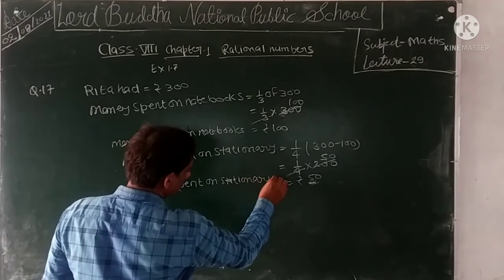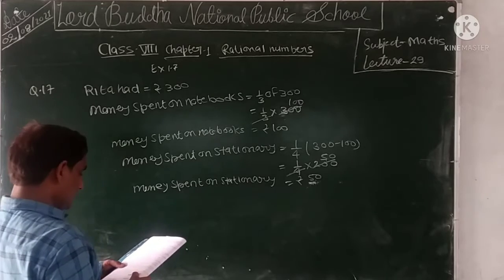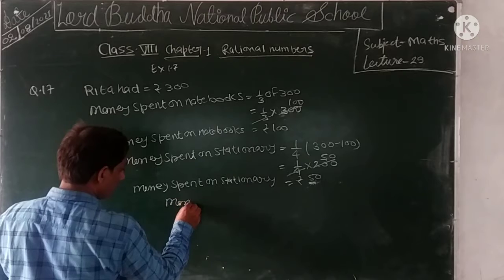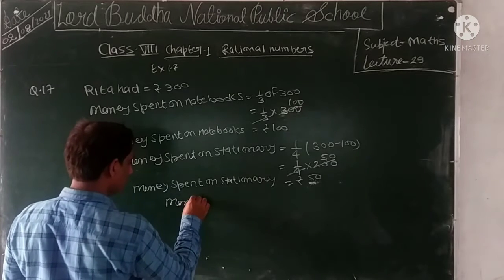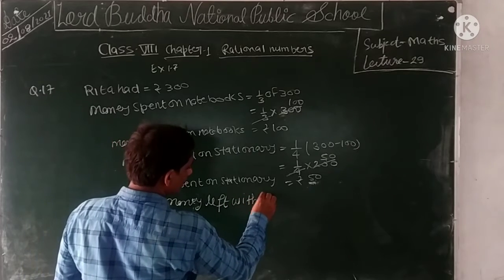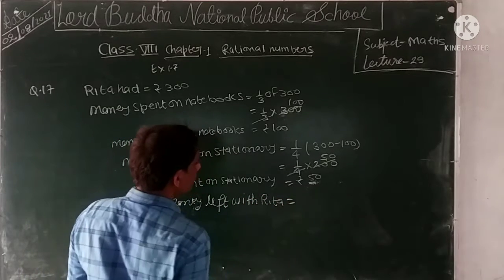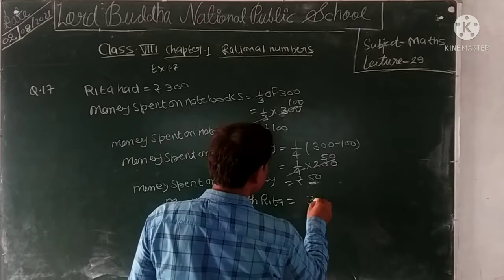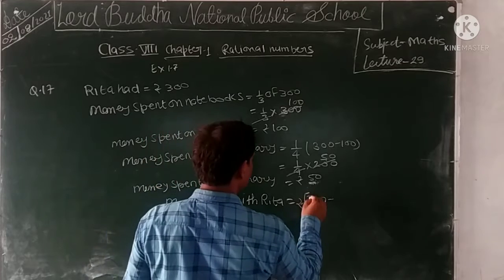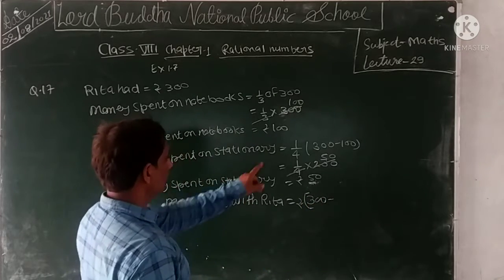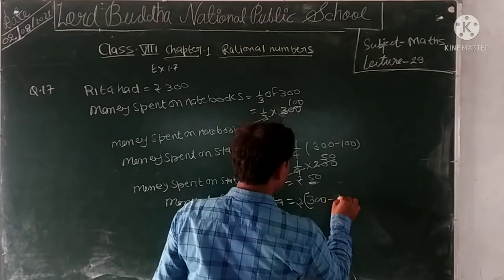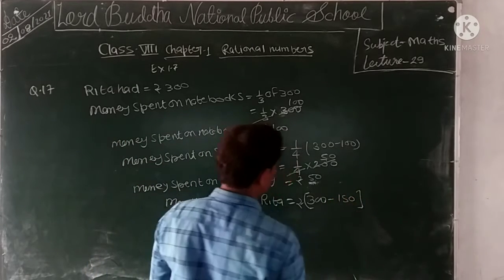Equal to 50. So how much money is left with her? Money left with Rita equals 300 minus the money spent, 100 plus 50, means 150.